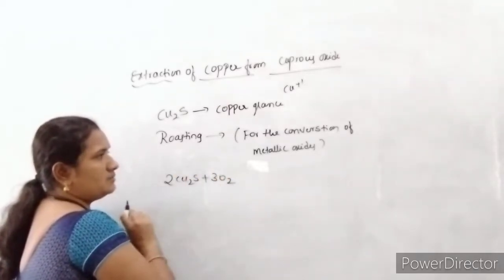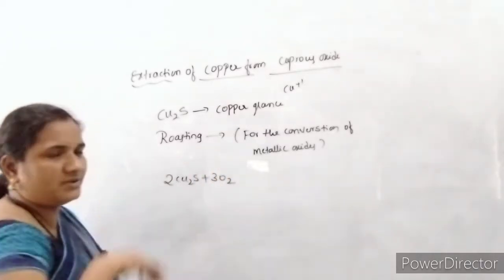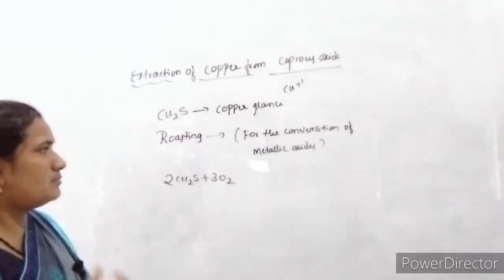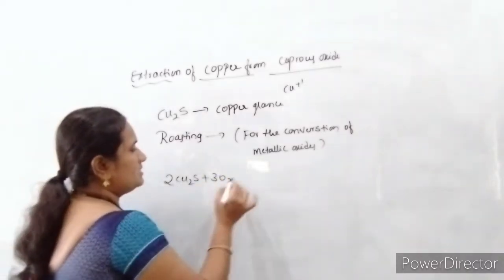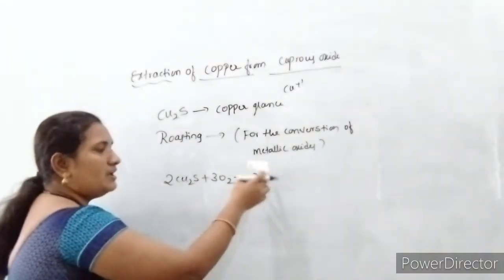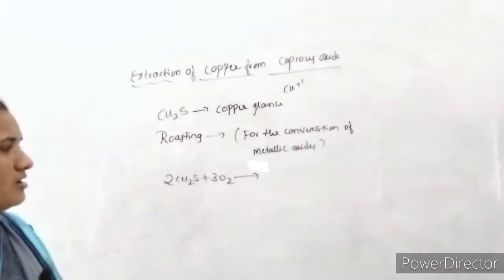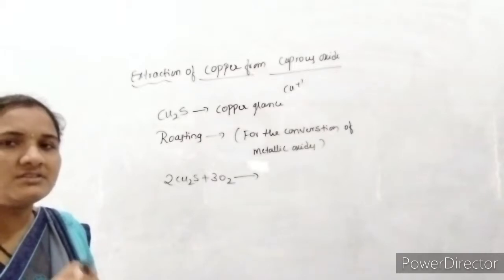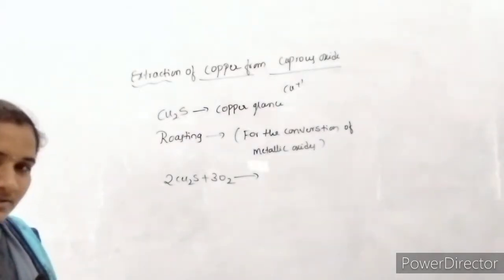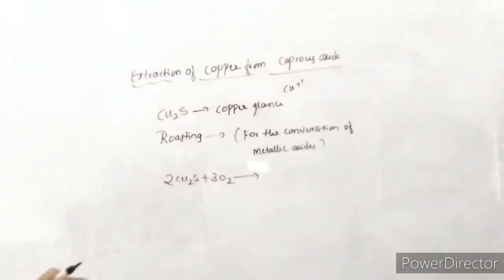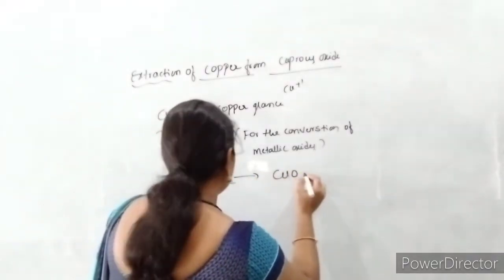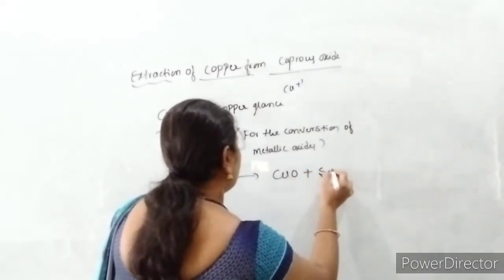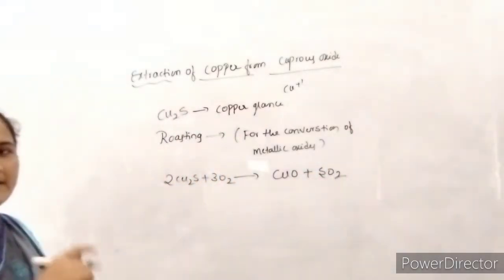This oxygen comes from the continuous supply of air. In the furnace we blow a blast of air continuously. That reacts with the ore and produces copper oxide with the liberation of sulfur dioxide. So this is the reaction: copper sulfide reacts with oxygen to form copper oxide with the liberation of SO2 gas.